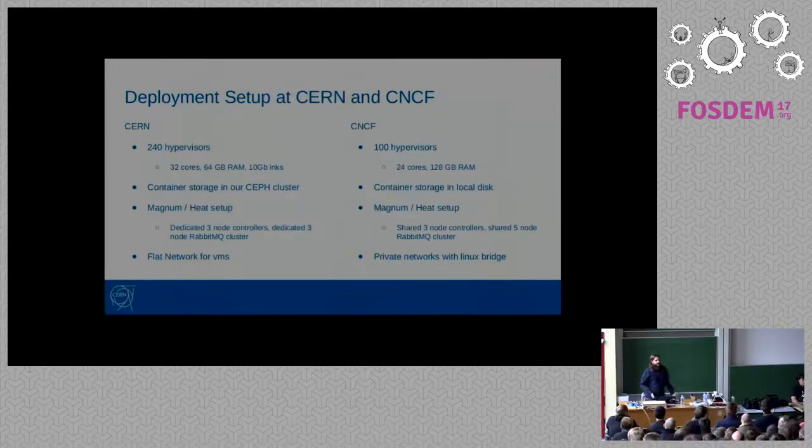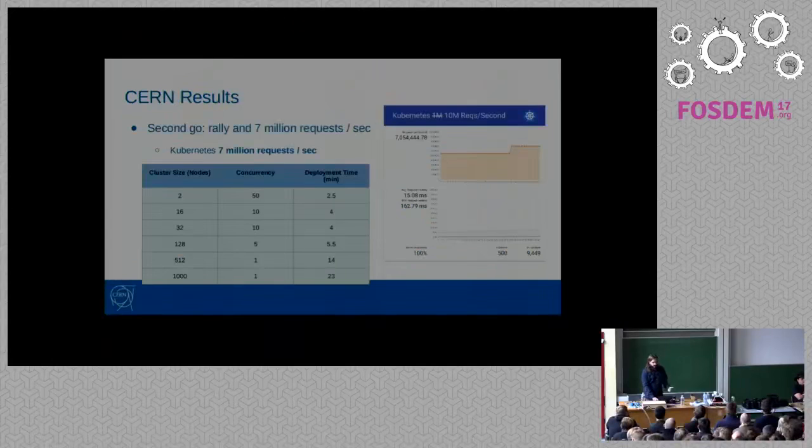But in CNCF, we used the upstream Ansible scripts, so you can replicate what we did at CNCF using the Ansible scripts. And we have a small difference between CERN and CNCF. At CERN, we have a flat network, so all the VMs are in the same network. But at the CNCF cluster, we had tenant networks.